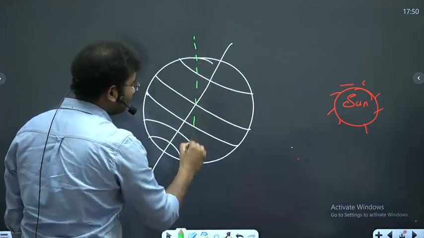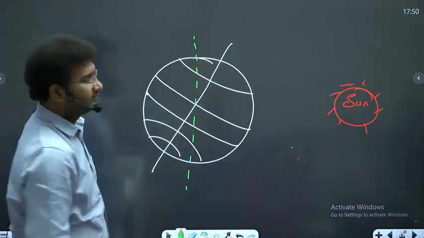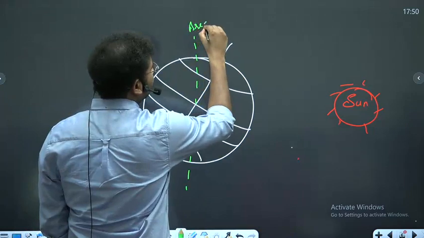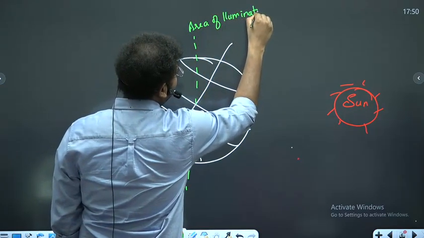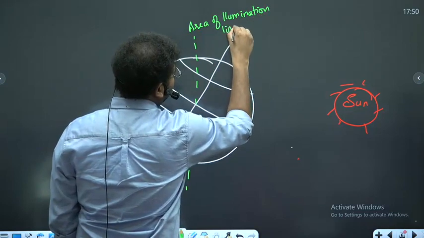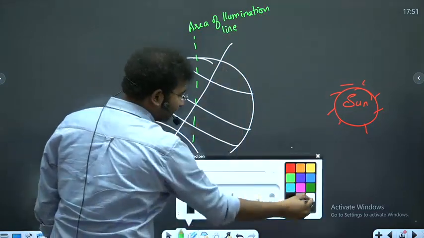What is this line? What is this white line?